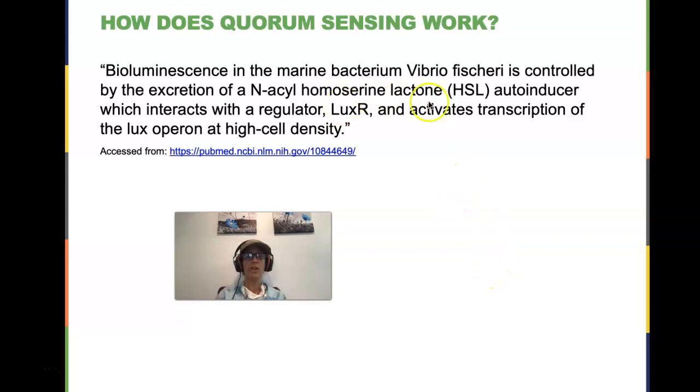And this autoinducer interacts with this protein, the LUX-R, and that activates the transcription so that we get RNA copies of that gene, and we get the ribosomes to read that and make the enzymes necessary to produce that bioluminescence. And if you're interested in knowing more about this, I have provided the actual peer-reviewed journal article on this.